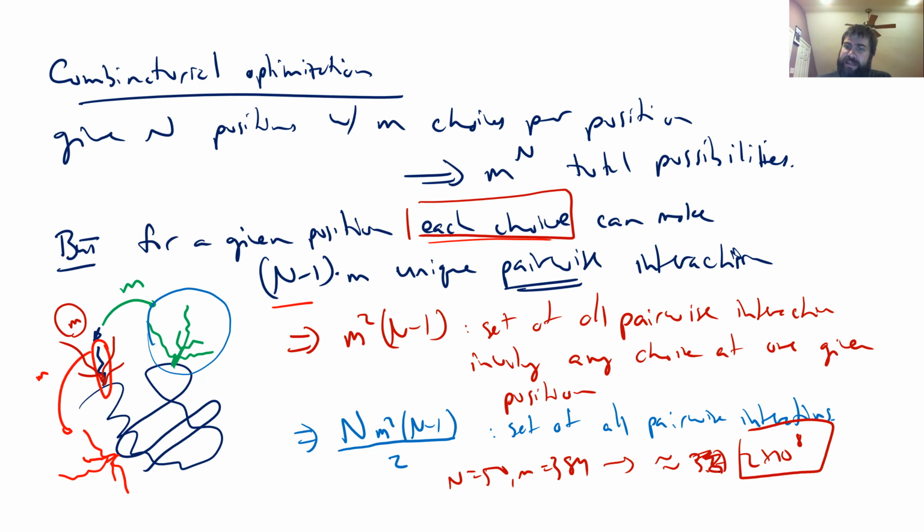Now, 2 times 10 to the 8th is 200 million. 200 million is a big number, but 200 million is not an astronomical number.